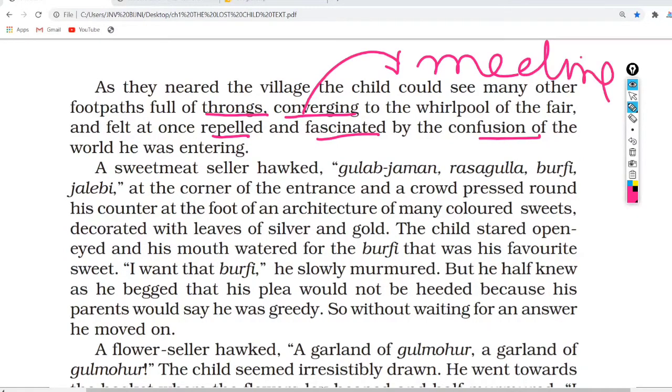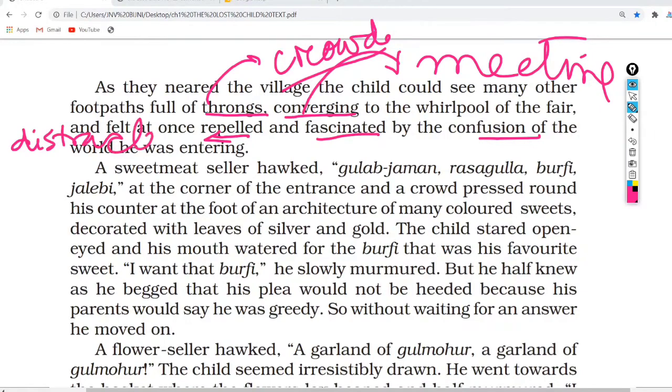Meeting. Throng means the crowd, C-R-O-W-D, crowd. आप ये सारे मीनिंग लिख लेंगे, so you'll be writing all the meaning of this word. Repels means distracted, D-I-S-T-R-A-C-T-E-D. Distracted means not attracted.